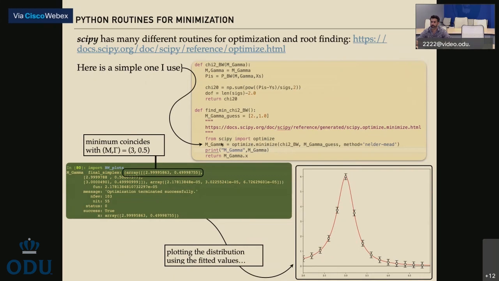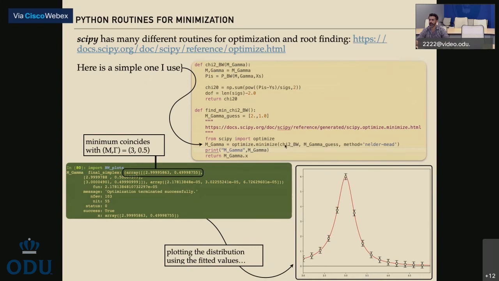Okay? And so this minimize function grabs an input function, which I've defined here, chi2_BW, Breit-Wigner. This function depends on a list of parameters. In this case, I defined the list to be m_gamma, and the list is just two components, m and gamma, okay?